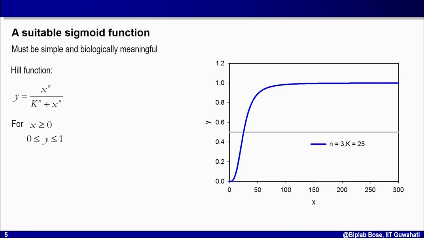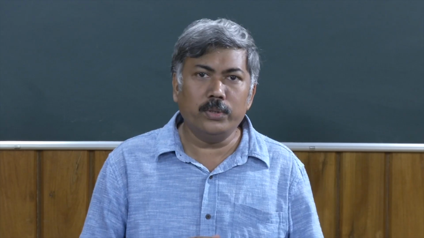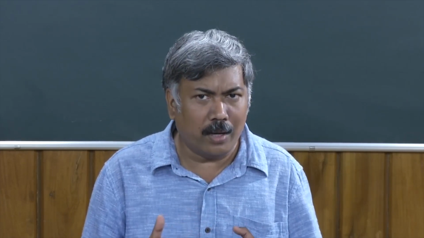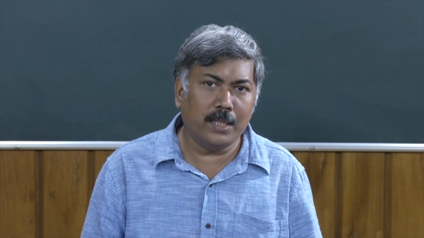You can use your imagination and write a function which will have sigmoidal input-output behavior. But we have to choose a function which will be sigmoidal in behavior, at the same time should be very simple and have some biological meaning. In modeling biological systems, we very frequently use the Hill function to represent a sigmoid function because it is very simple and has a small number of parameters, and those parameters can actually be determined from experiments.